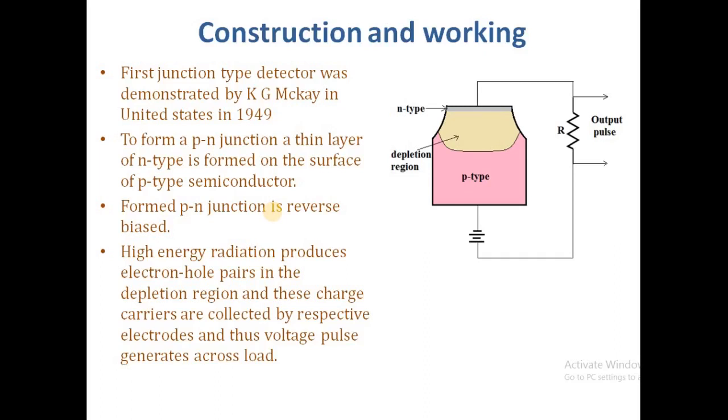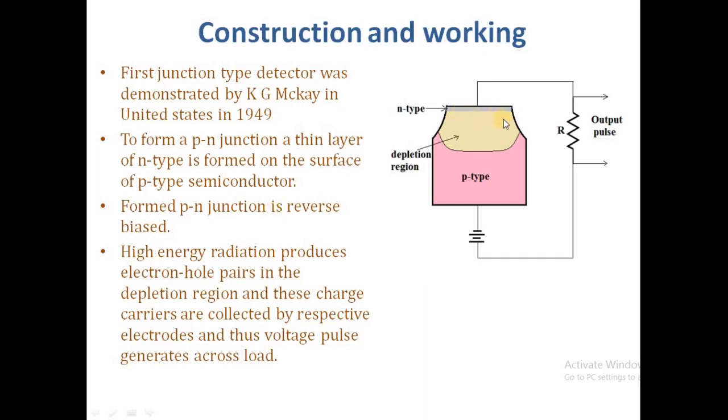He observed that the whole of the energy of alpha particles absorbed in the PN junction was utilized in producing electron-hole pairs, and the average energy required to produce one electron-hole pair was about 3 electron volt, which is very small in comparison to about 35 electron volt, the energy required to form an ion pair in a gas.